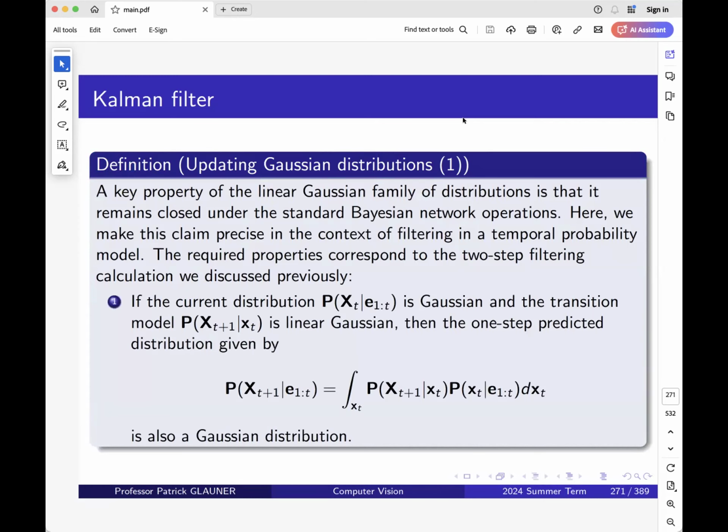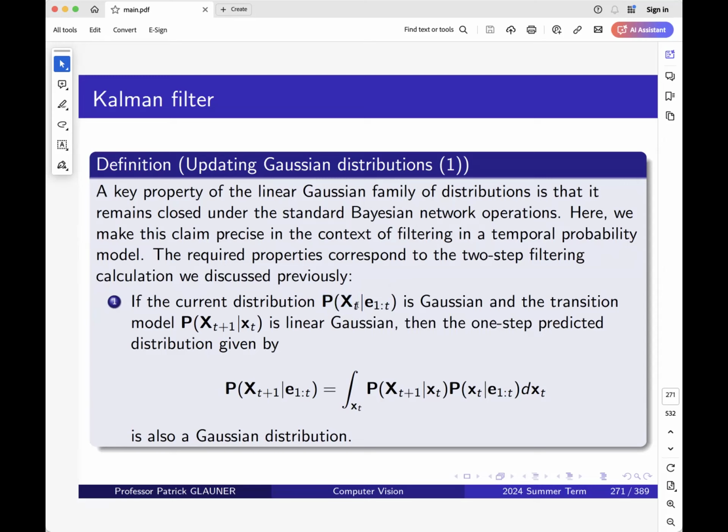And what we need in our model is our current distribution, the distribution of x, and this time this x is not discrete like in those examples about filtering before, but continuous, given all the evidence.